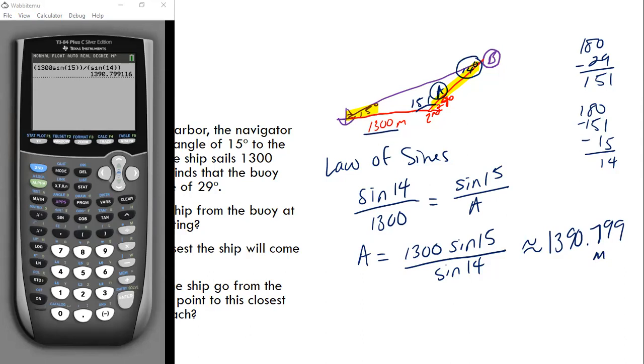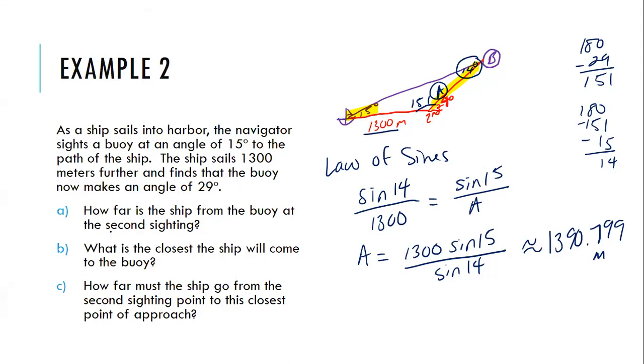All right, so we answered the first part. There's two parts. This is just how far we found it. Boom, bam. That's A. A is done. Now we're on to B. It says, what is the closest the ship will come to the buoy? What is the closest distance to anything? How do you get there? What's the fastest way? Shortest distance? Straight, right?